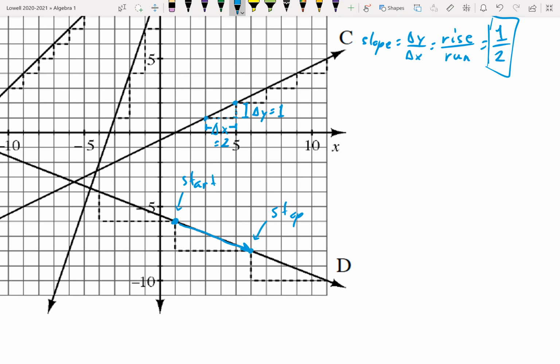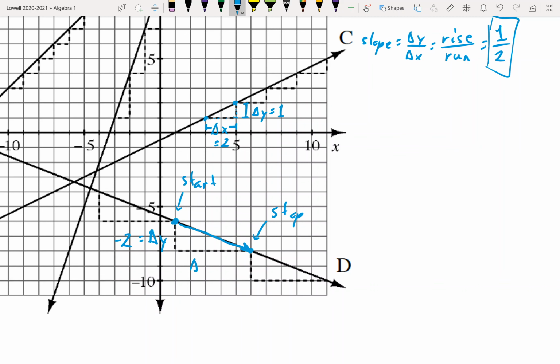So right here, my delta y, I'm going 2, but not only am I going 2, I'm actually going down 2. And so I think my change in y should be -2. Because from this figure to the next figure I'm looking at, I'm losing 2 tiles overall.